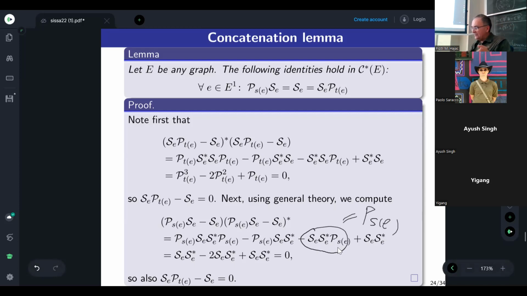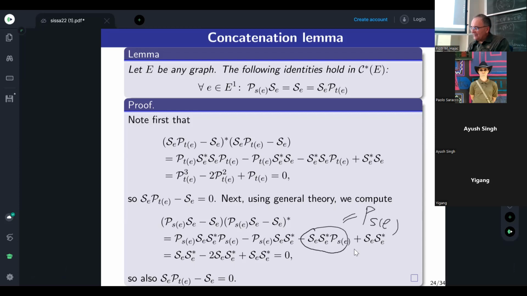Now you can say, wait a second, but you claim it only for an infinite emitter. Okay. So let me explain. Obviously, s(e) is not a sink because it emits e. All right. So if it's an infinite emitter, I'm done by assumption. If it's a finite emitter, then I have this finite sum.